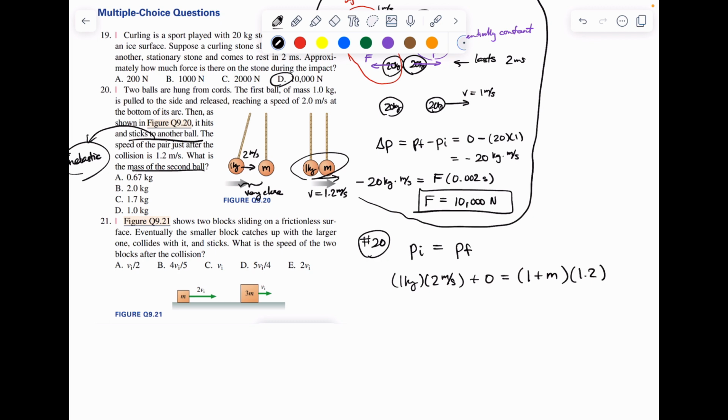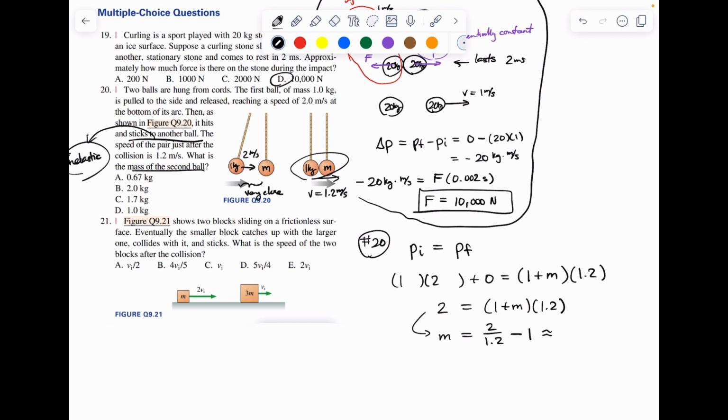Okay, cool. In fact, let me just get rid of the units here, just so it makes it a little bit easier to see. So what we have here is 1 times 2, that's 2, equals 1 plus m times 1.2. If you solve for m, you get 2 divided by 1.2 minus 1.